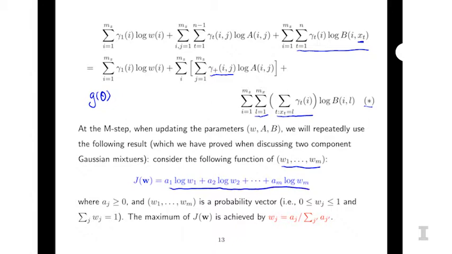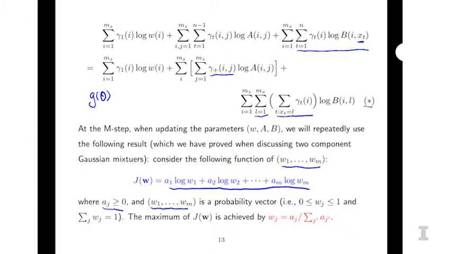Here all the a_j's are non-negative numbers. They are not necessarily integers. It could be 1.2. And the parameters w_1 through w_m form a probability vector, meaning the w_j's must take values between 0 and 1, and sum together to 1.